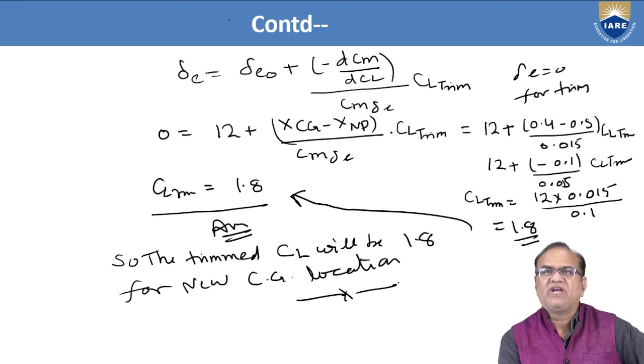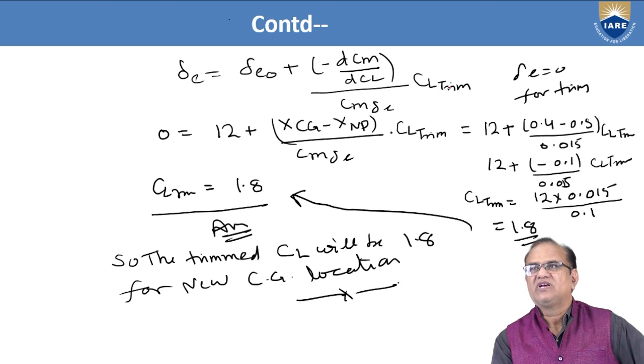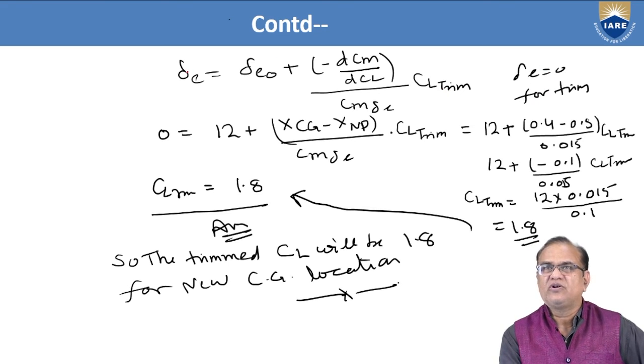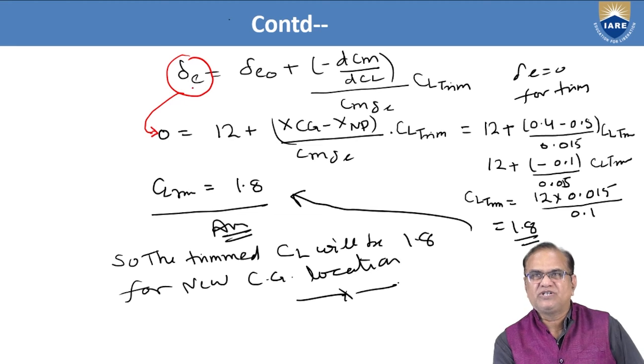Now we have to see that delta E is equal to delta E naught plus minus dCM by dCL into CM delta E into CL trim. So delta E is equal to 0 for trim. So this we have made 0 because there should not be any delta E for trim condition.